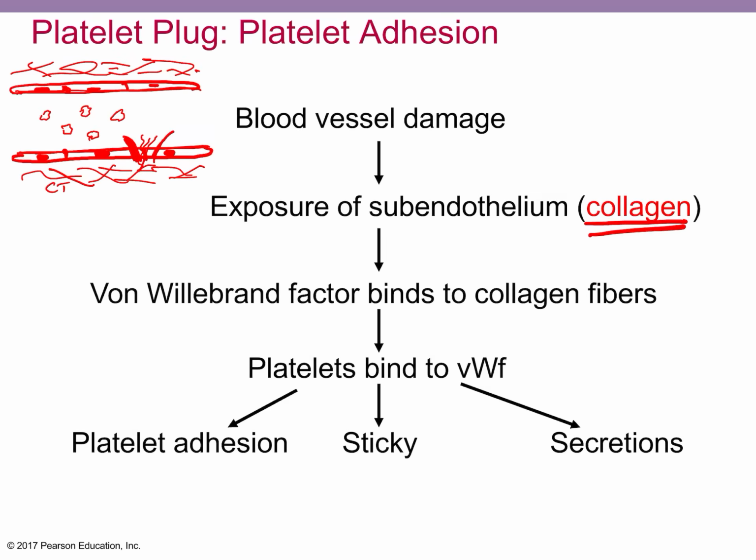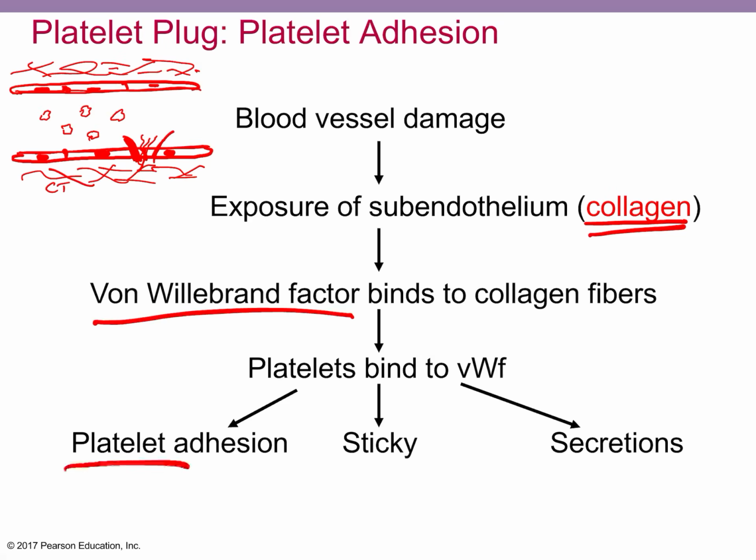Only when you have a break, right? If there's a rupture in the endothelium, then the collagen fibers are exposed, and that's what's going to recruit your von Willebrand factor to those fibers. That von Willebrand factor is going to anchor your platelets. So your platelets are also attracted to the collagen, but they're going to need that von Willebrand factor to stick better.